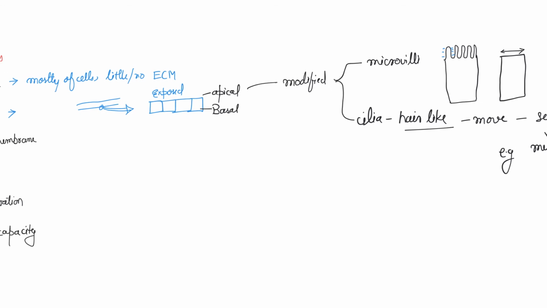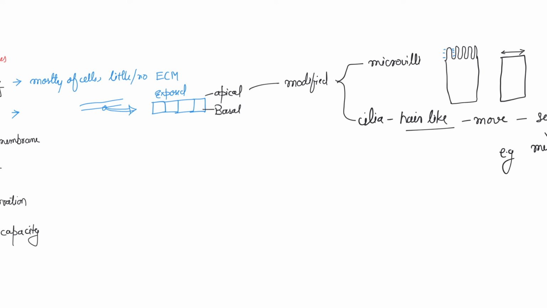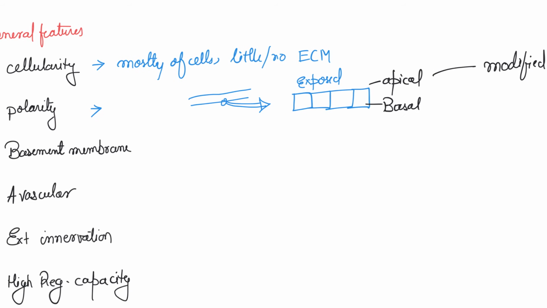So, apical and basal layer. Now when you come back and go about this, you will also find that beneath the basal layer there is another structure that is called the basement membrane. One of the key properties of your epithelial tissue, this basement membrane is acellular. That means there are no cells.